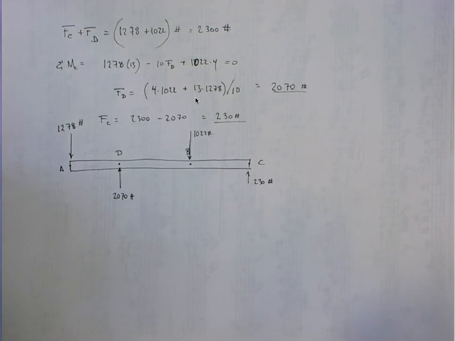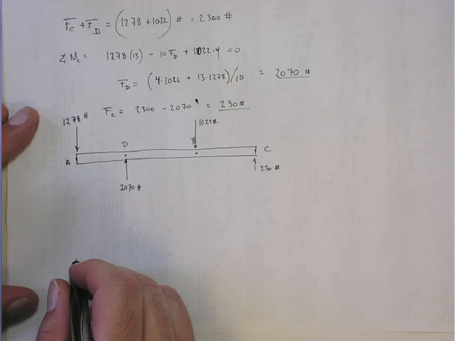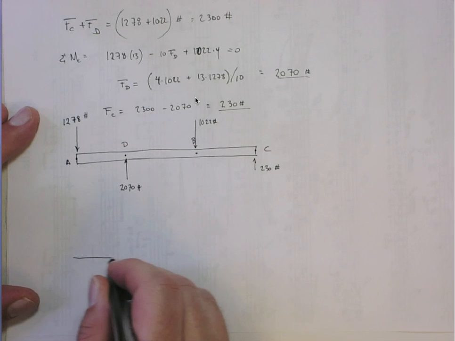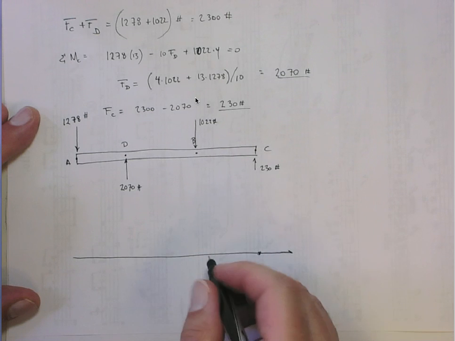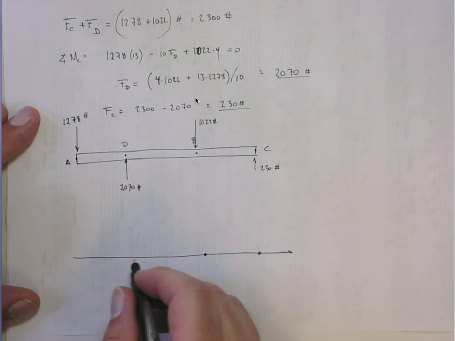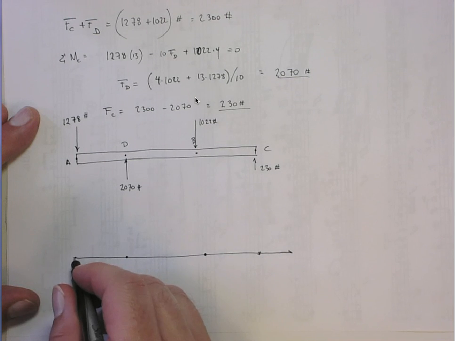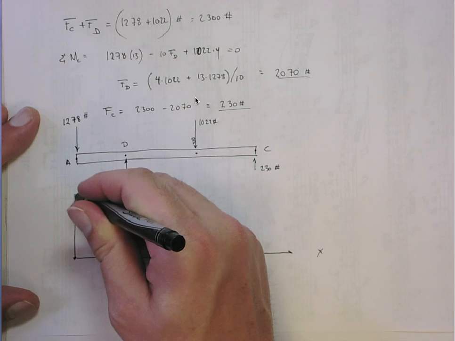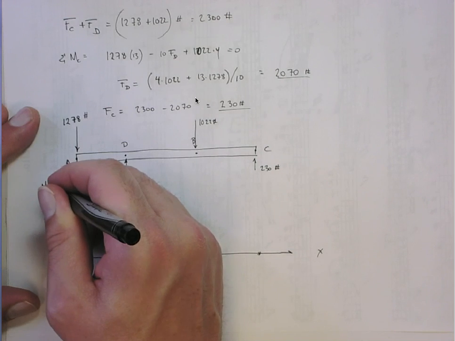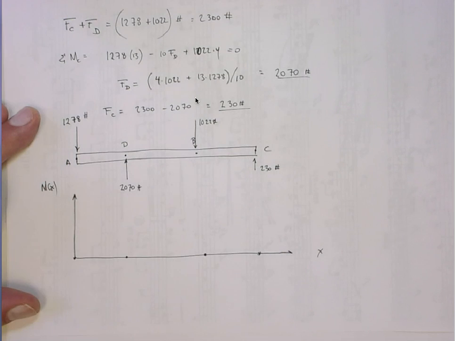So we know that the moment has to vanish at both ends. Let's draw the... Okay, so here's point C, here's B, here's D, and here's A. So this is X, and this is the moment. All right.